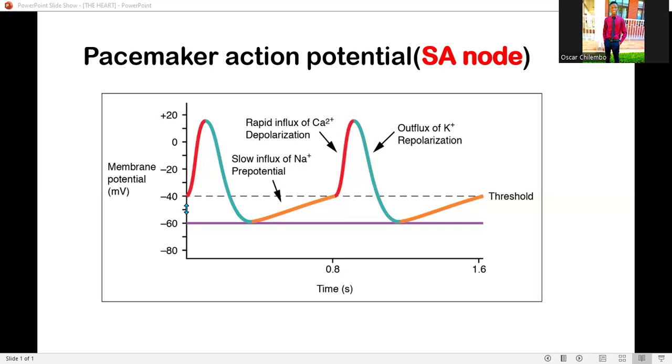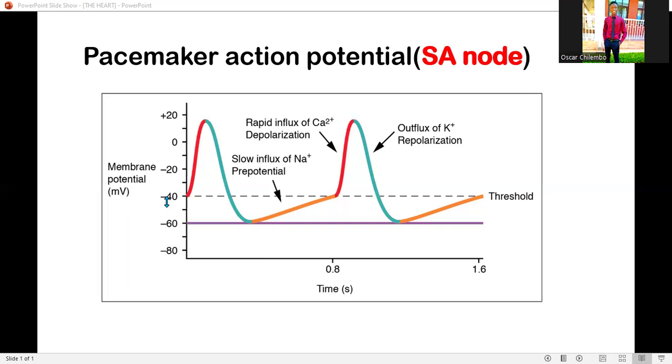Around negative 50, the T-type calcium channels open, but they are not enough to reach the threshold. Then at around negative 40, another type of calcium channel opens. We call this the L-type calcium channel. The L-type calcium channel is a bit rapid.